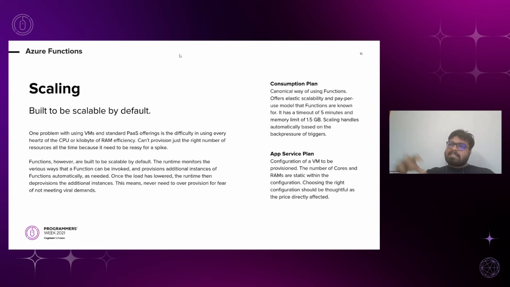The next plan is the app service plan. Here we are provisioning a VM specifically for the Azure Function. If we already have a VM available in the Azure portal, we can decide to host the function in the same app service plan, so the function will execute on top of the app service that is already available.